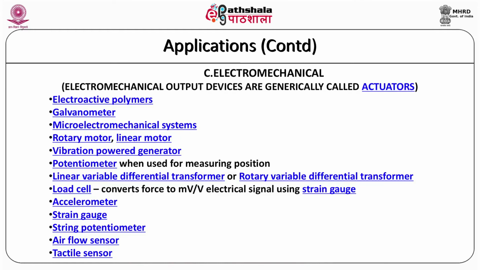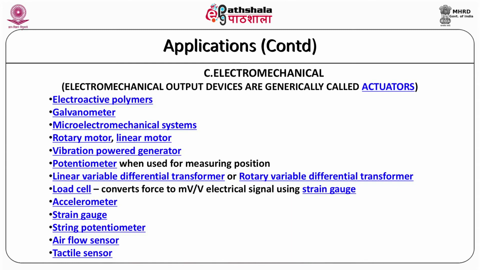The electromechanical. These electromechanical output devices are generally called actuators, but there are a number of them. Electroactive polymers, then you have galvanometers, electromechanical systems, rotary motors, linear motors, vibration power generators and potentiometers when used for measuring position.